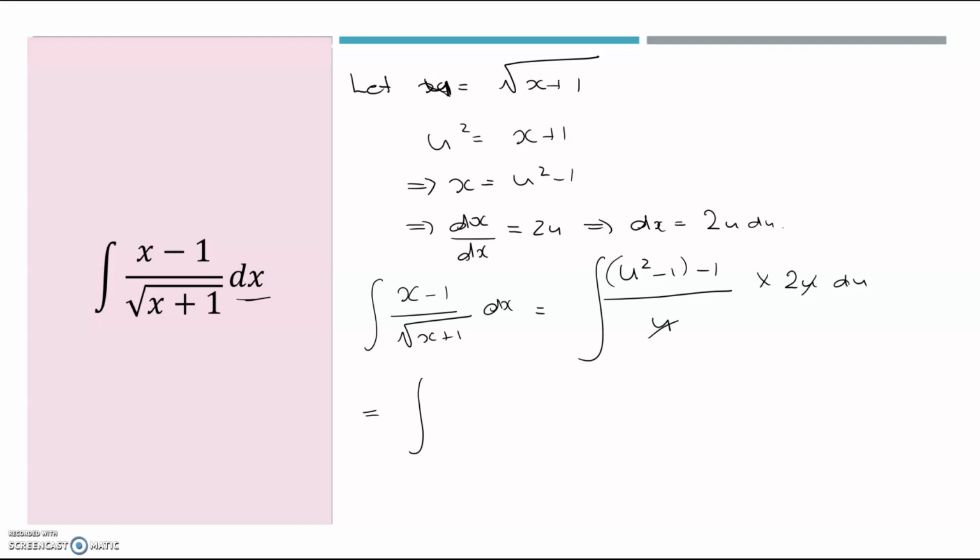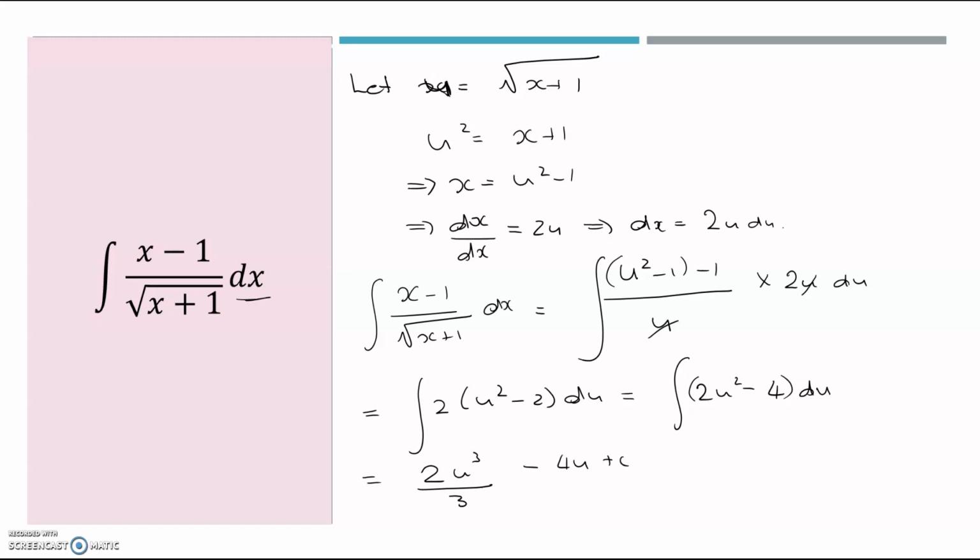U squared minus 1 times that 2 would be u squared minus 2, and that's very easy to integrate. Even if I take out my bracket, it's even easier. So that's the integral, if I do that, will be 2u cubed over 3 minus 4u plus c.